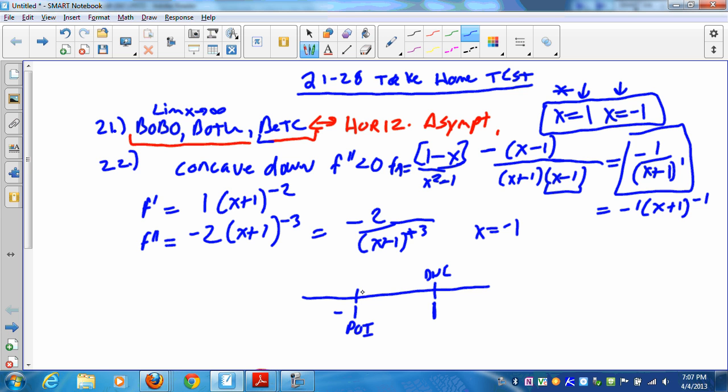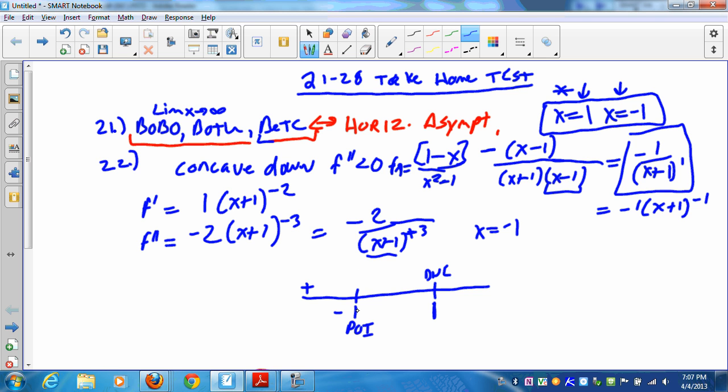So what happens here? So we're going to look at 3 intervals here. So we're going to come right here, pick a big negative number. You cube a big negative number, and it's still negative. Negative divided by negative is what? Positive. So it looks like it's concave up in that region.